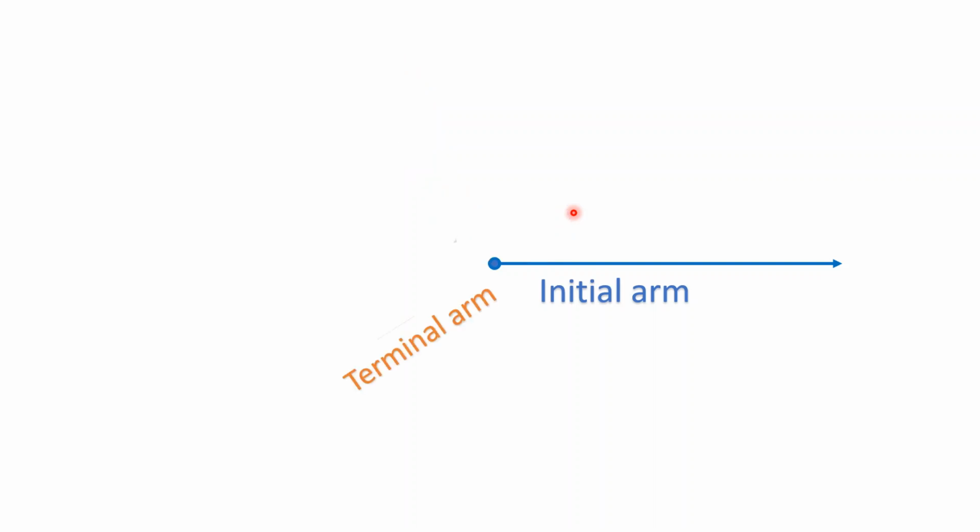Let us once again change the position of the terminal arm. Here you can see amount of rotation is much greater than the previous one. So measure of this angle will be much greater than the previous one. For the sake of simplicity, we will take initial arm blue and terminal arm brown.